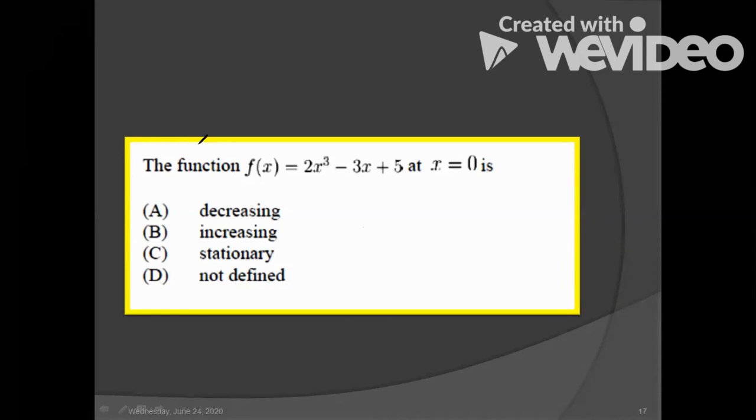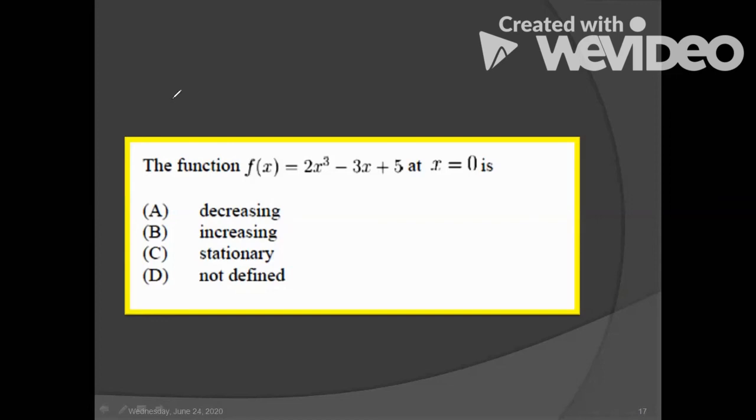If you get a positive term, it means it's increasing, and if you get a negative expression, it means it's decreasing. Mind you, don't get this mixed up. We're not talking about critical points or turning points.